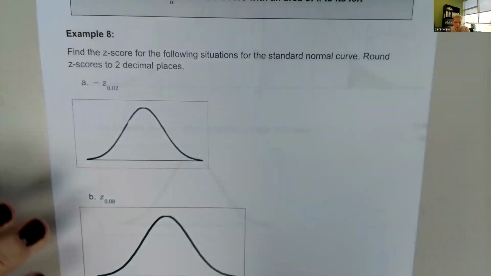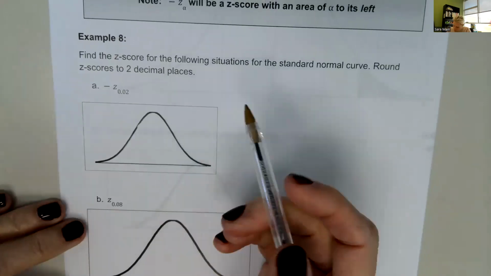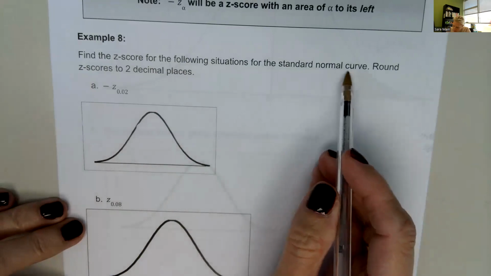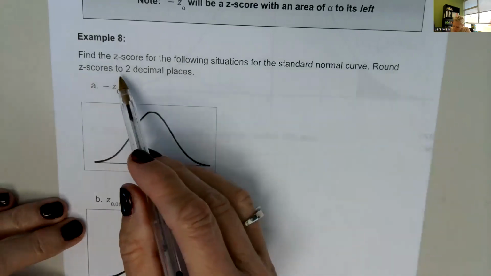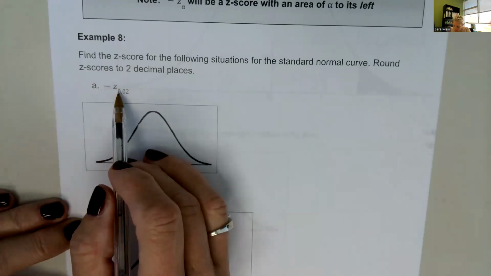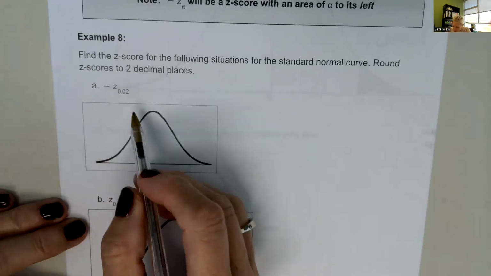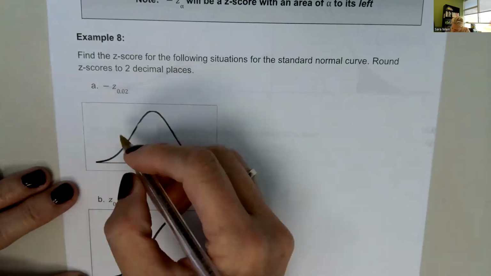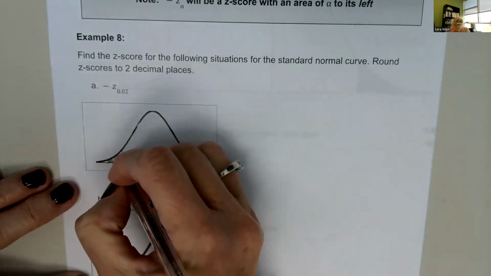Okay, so let's just go to example 8 so we can see how this works. It says find the z-score for the following situations for the standard normal curve. Round the z-scores to 2 decimal places. We want to know the negative z of alpha 0.02. So we want to know area 0.02, but we want the negative. So that means we want the left one.